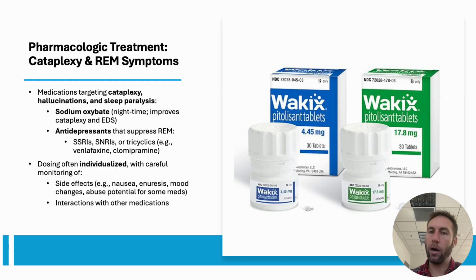All of these require careful titration and monitoring for side effects and possible interactions, especially the antidepressants, because once you stop using them, you have to carefully back off of them.